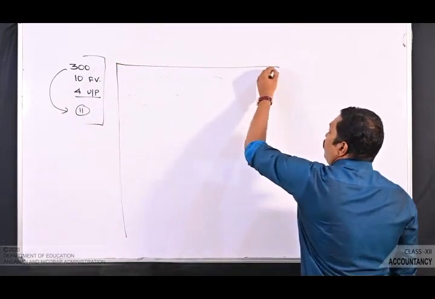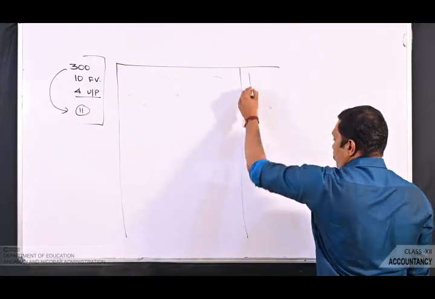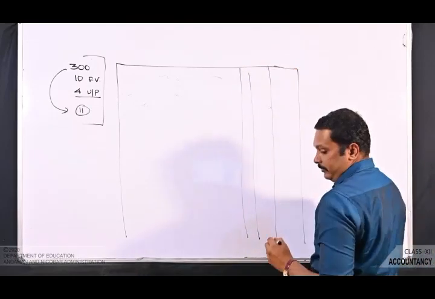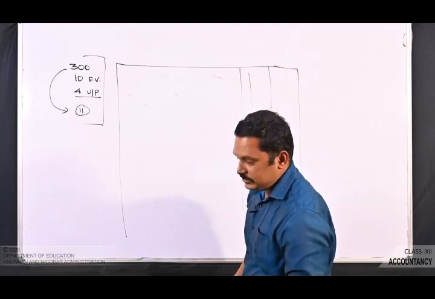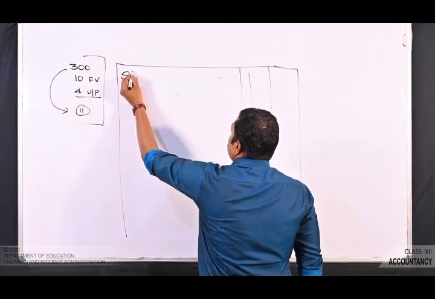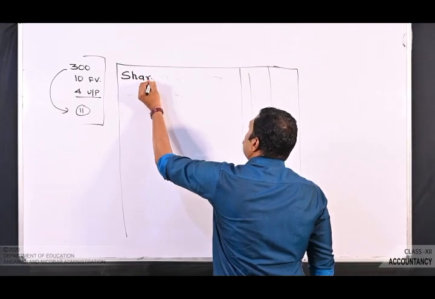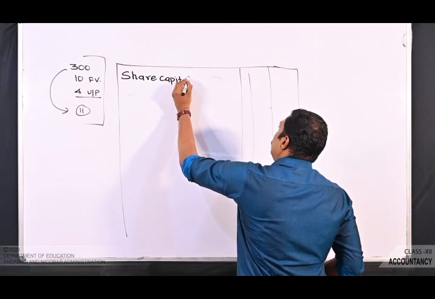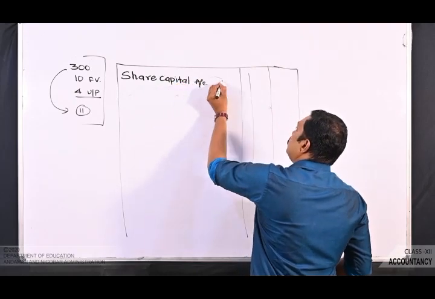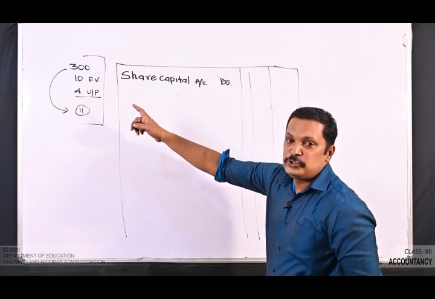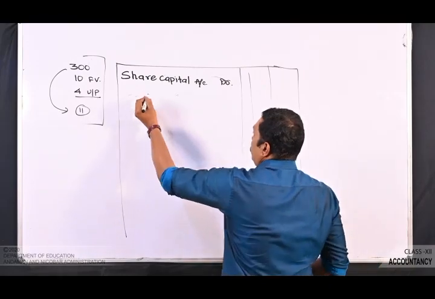So this is the journal format, you know, right? Start. The entry starts with share capital. Share capital account debit. There is no premium at all, so no need to write premium here.